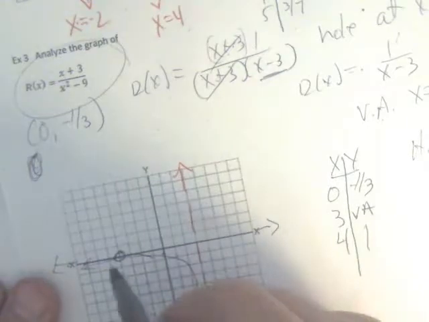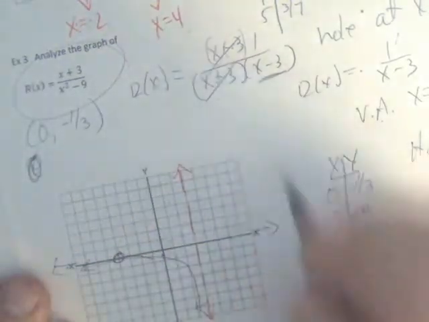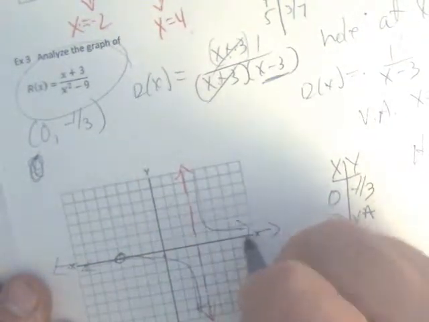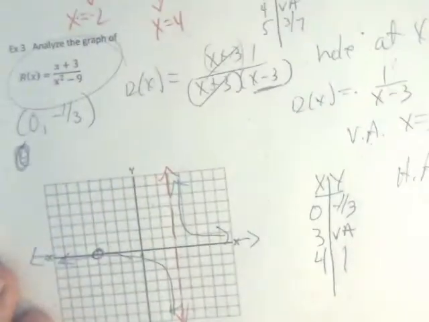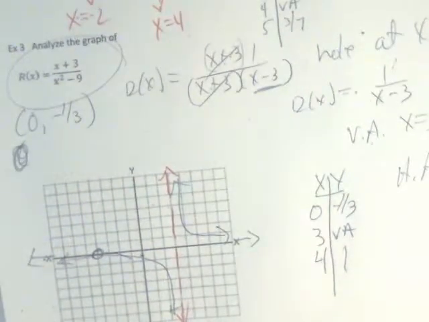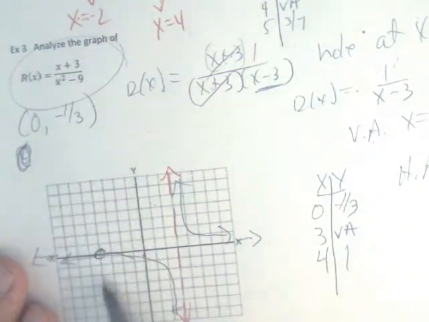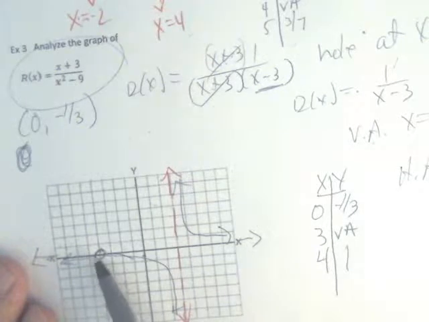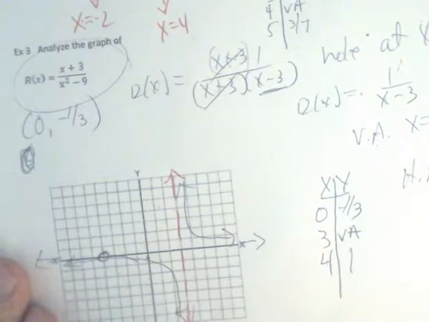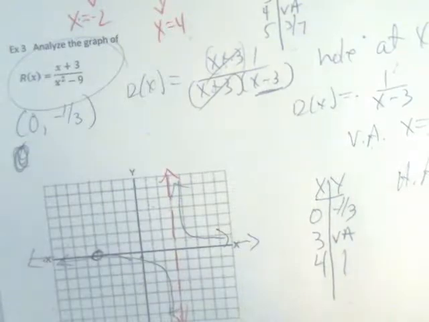There's no point we're plotting there. And then the other one, 4, 1, is above the horizontal asymptote, so I sketch it there. So really the only difference when you have a hole is you just don't draw the other vertical asymptote, and instead of drawing a continuous line, you break it up into 2 parts, one on either side of the hole there.